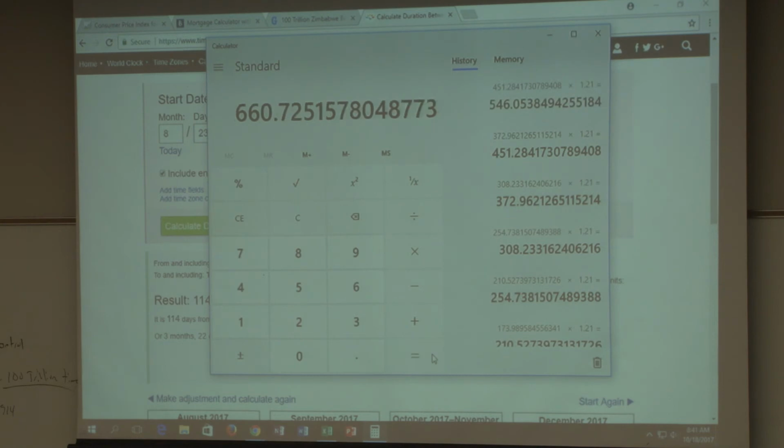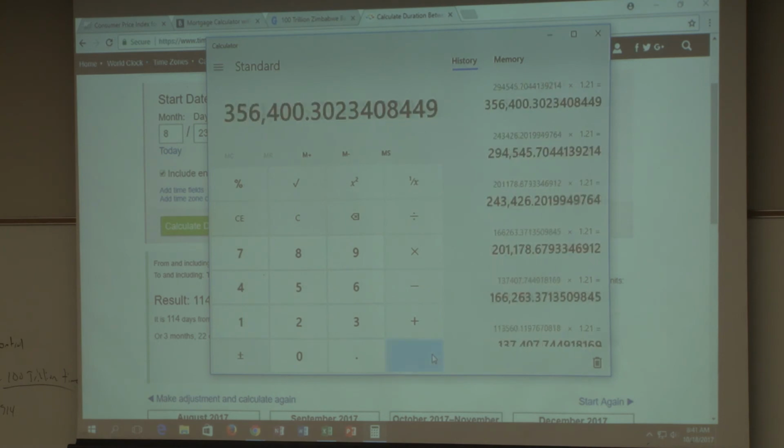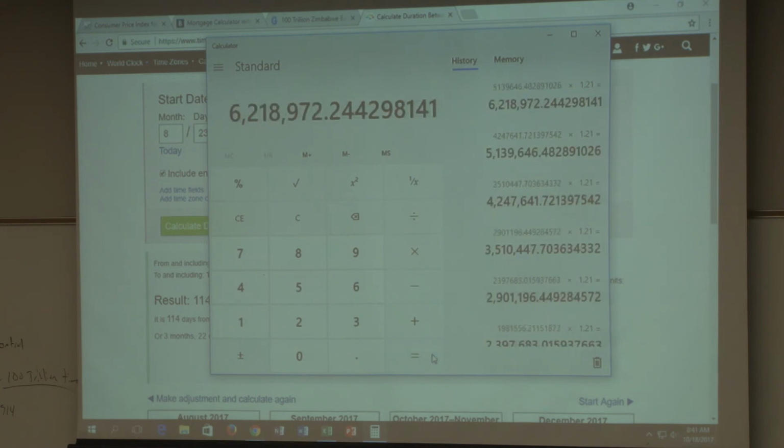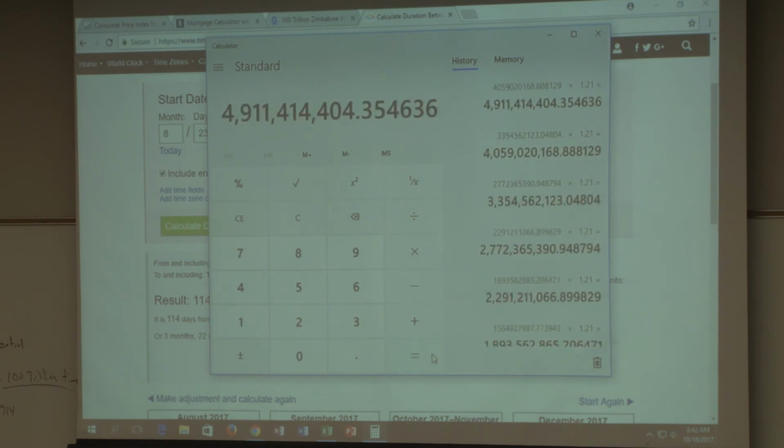We've got 28, 29, 30, up through 40, 50, 60, 70, 80, 90, 100, and then 14 more.